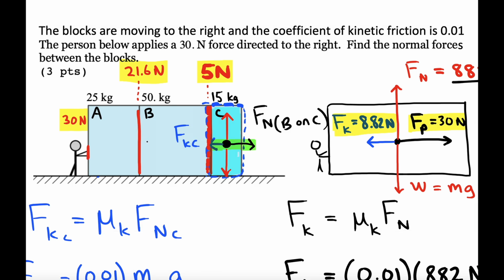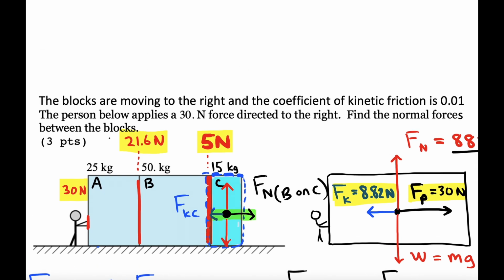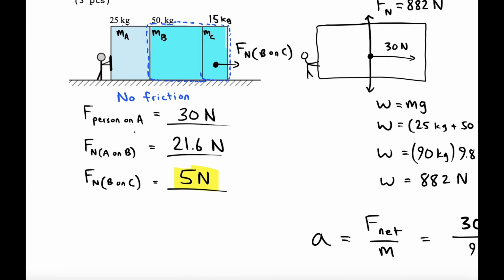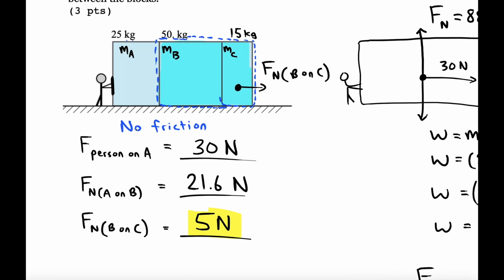Now, interestingly, if I compare these numbers to what I found in a previous problem, the previous problem was supposed to be one where there was no friction. But interestingly, the values ended up being the same. So 30 newtons applied here, 21.6 will be transmitted to this point, and 5 newtons transmitted to this point.